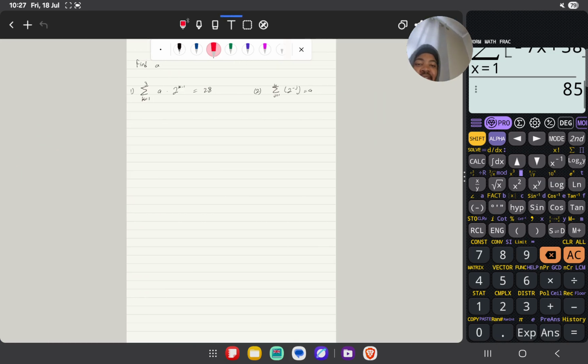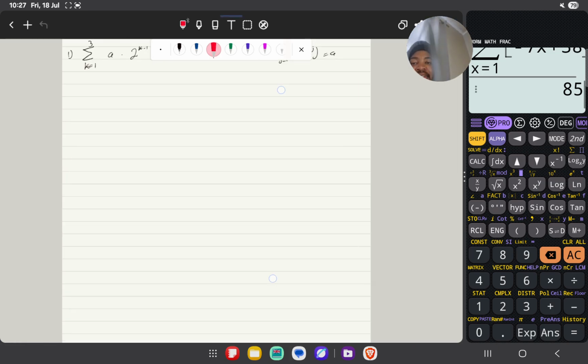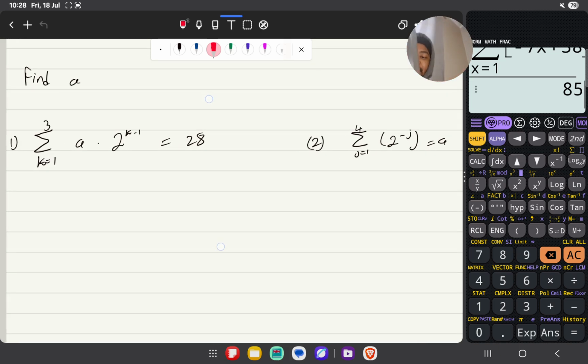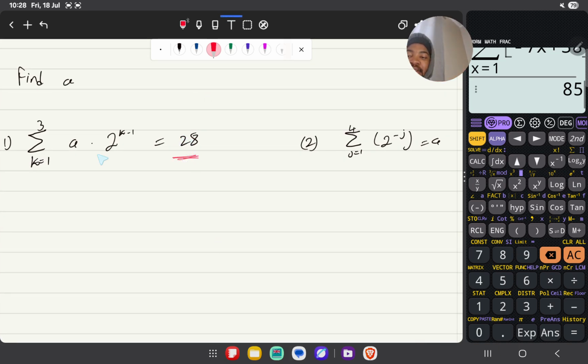Let's see the next problems we have. So here we know the answer. We are looking for this value, right? So it's very easy. Don't overthink it. So first thing first, you're going to expand this whole thing, right?